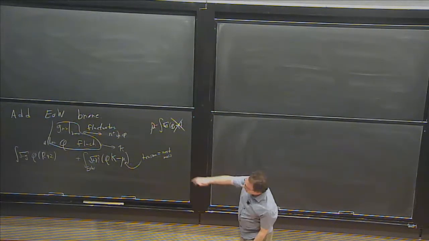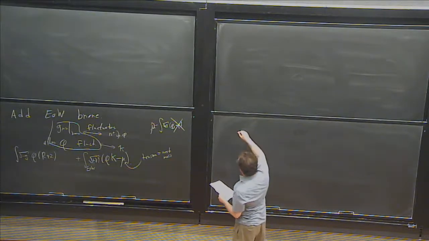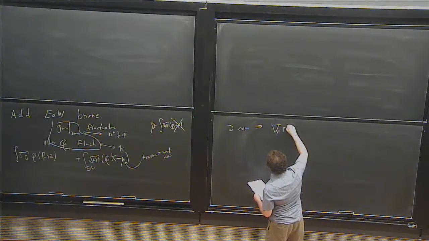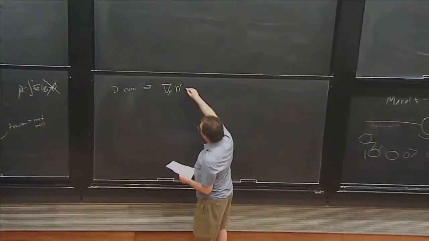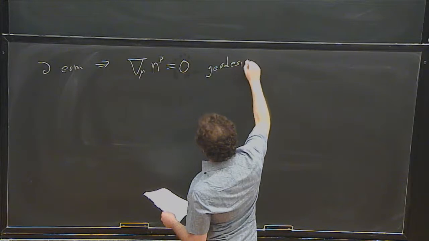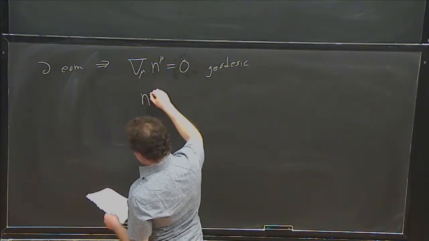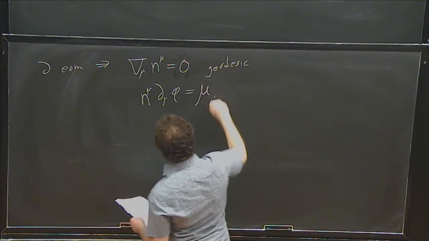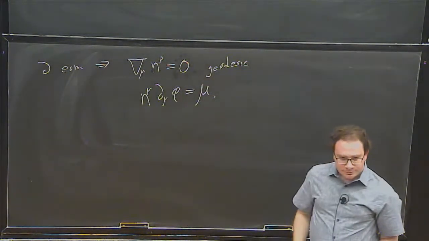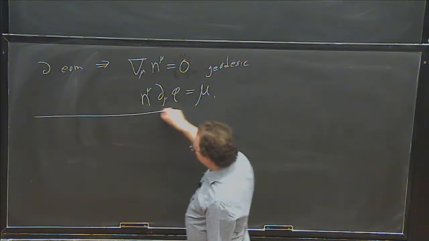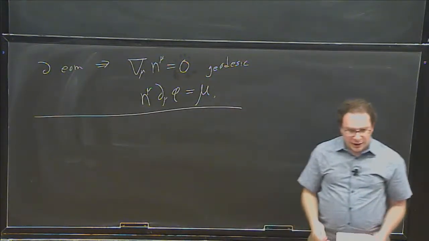So if we have that boundary action, then the boundary equations of motion, in other words, if n is the normal vector to the boundary, we have this equation, so the boundary is a geodesic. And the normal derivative of the dilaton is fixed to be this parameter mu. And then one can, again, analyze this theory in canonical quantization.